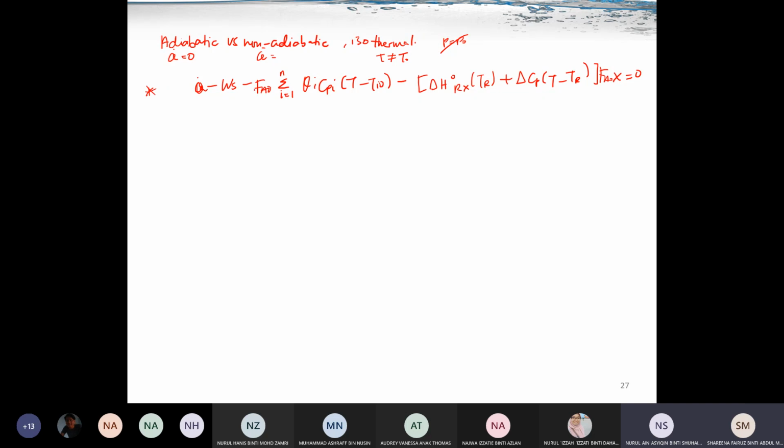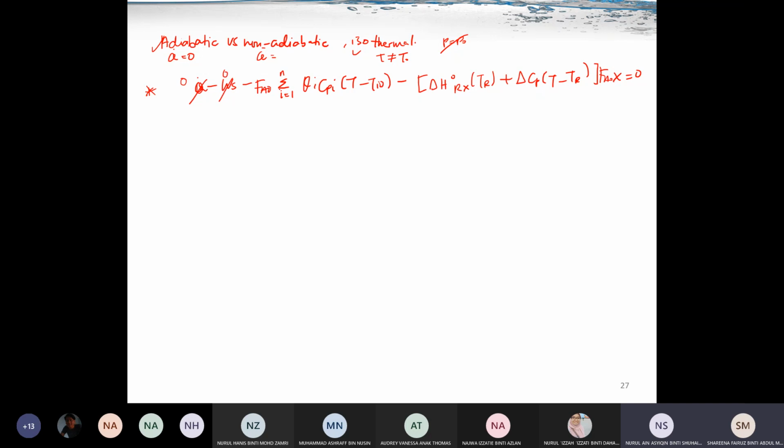If it is adiabatic, Q is equal to 0. And let's say there is another assumption that states there is no shaft work, so you can make this one 0. You can just rearrange the equation.